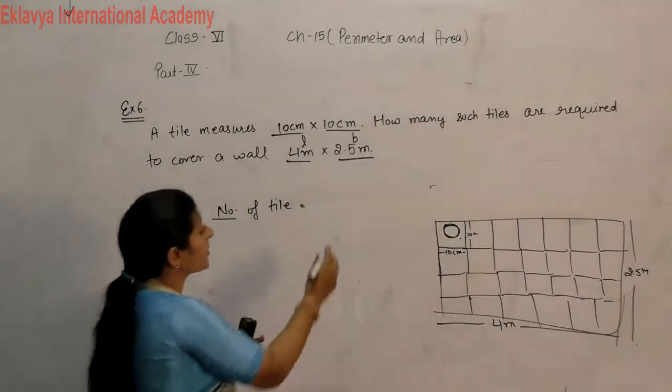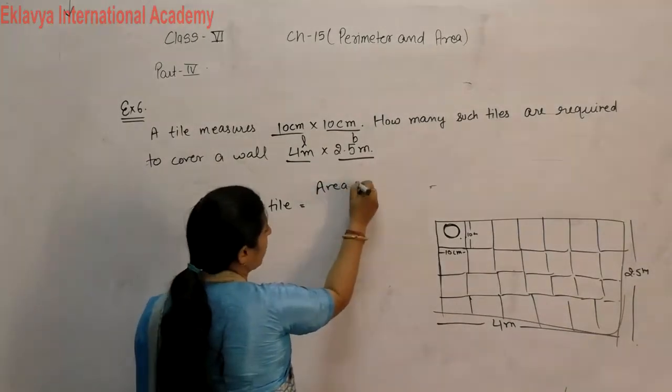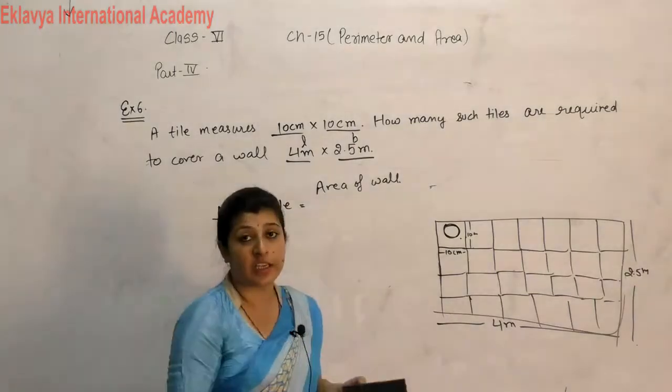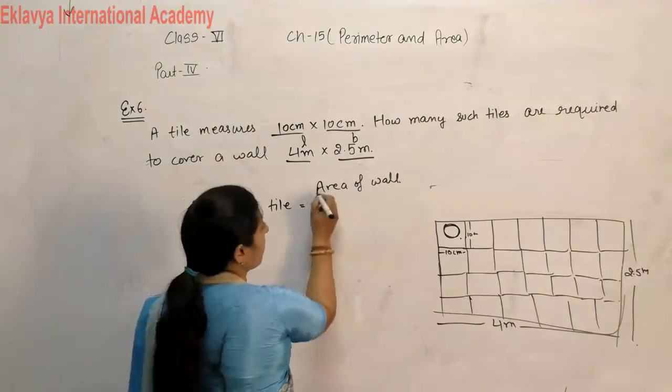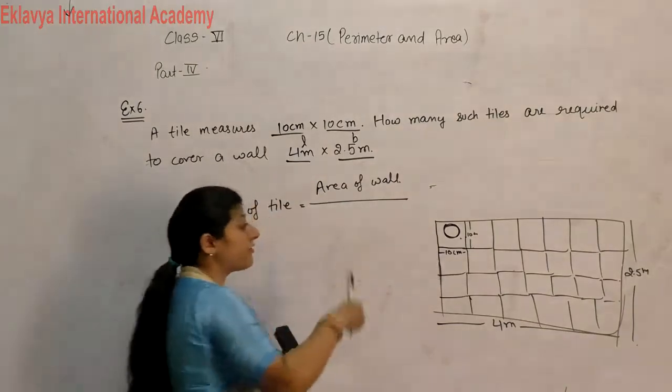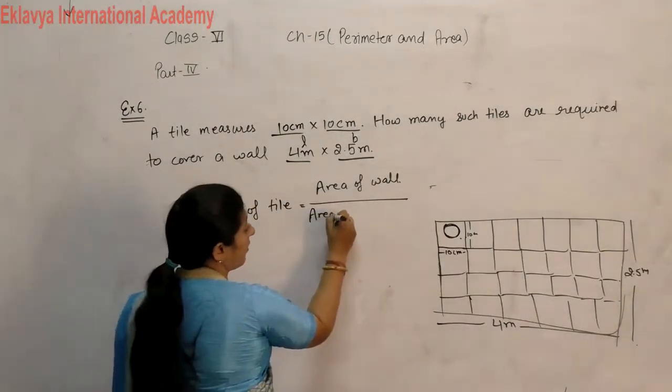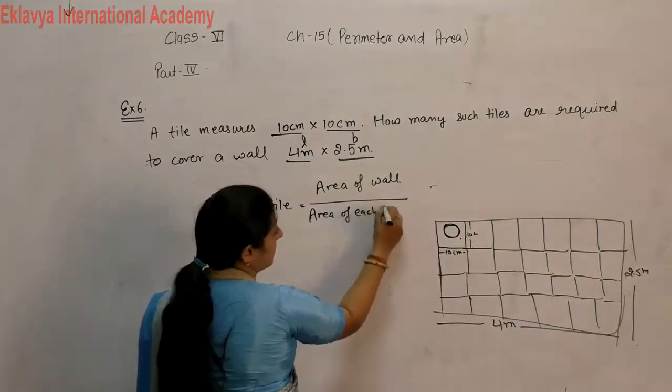Where do you want to put it? On the wall. So I find the area of the wall. It means the larger thing is what? Here, the wall. So we find the area of the wall. What do we want to put there? Tile. So we write the area of each tile, meaning one tile.